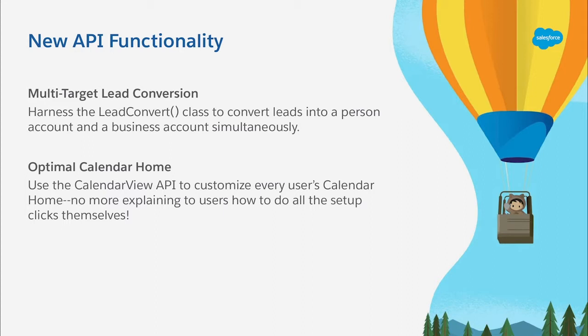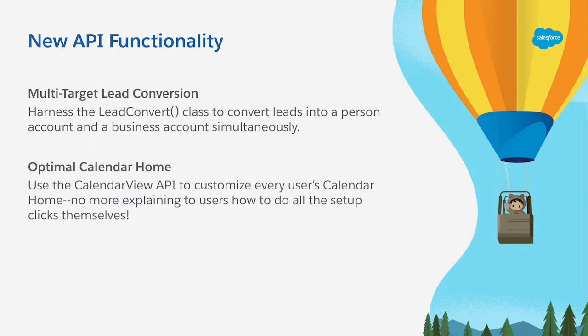Another super exciting feature coming to the Calendar View API is the ability to set up an optimal calendar home tab for all your users. As you probably know, Lightning Calendar has always been about more than just displaying my events. Several special CRM-powered calendar types can overlay. The Calendar View API has been expanded to cover all the special calendar types.